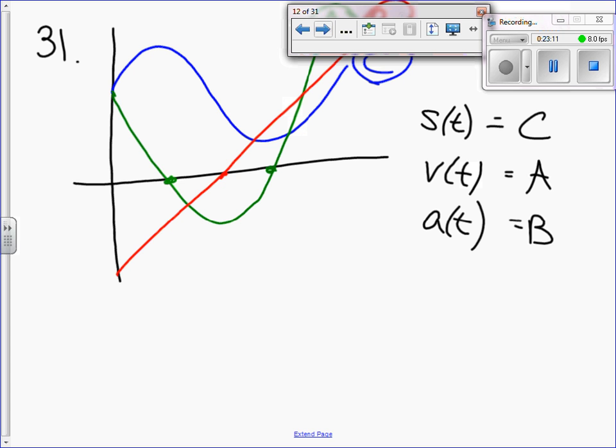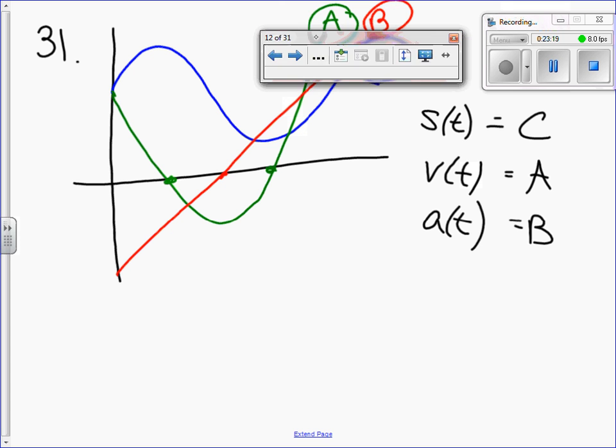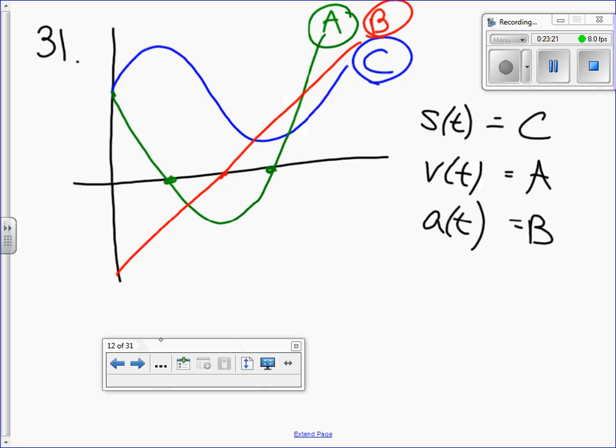Wasn't this a great one? You had to figure out which was the position, which was the velocity, and which was the acceleration. I love this one. You see how the slope here is 0 and here it's 0? So the green one had to be the derivative of the blue one.